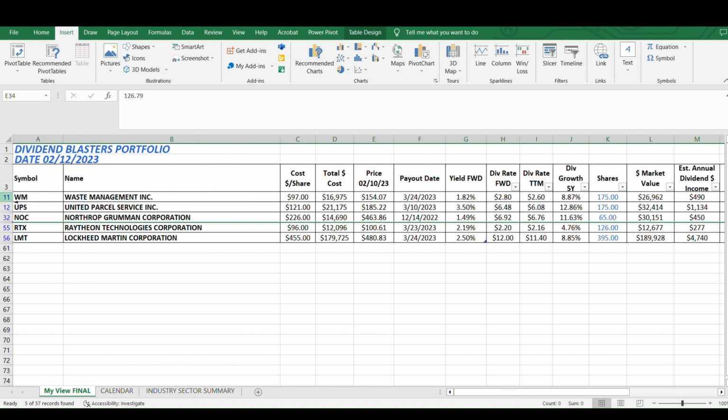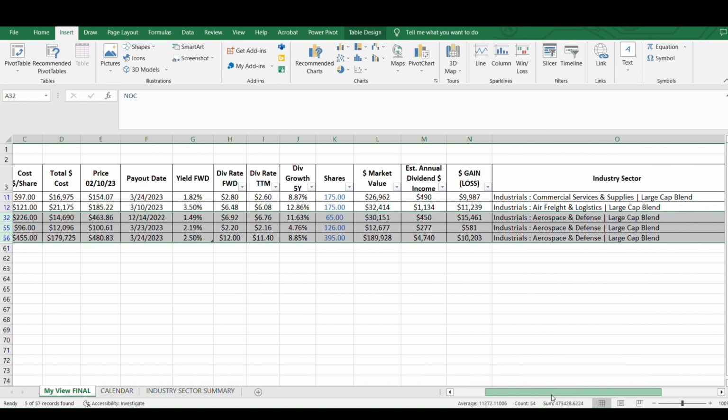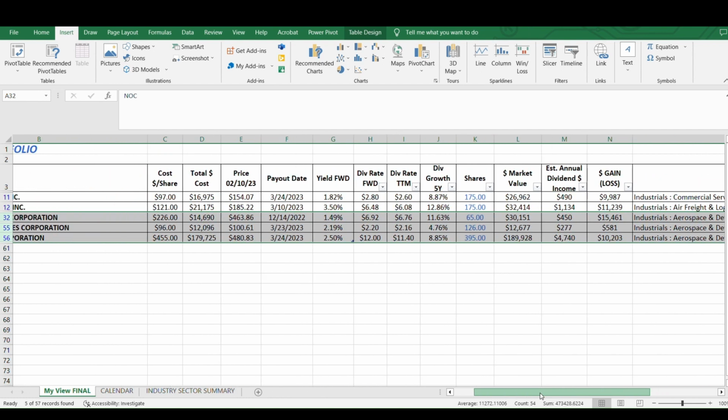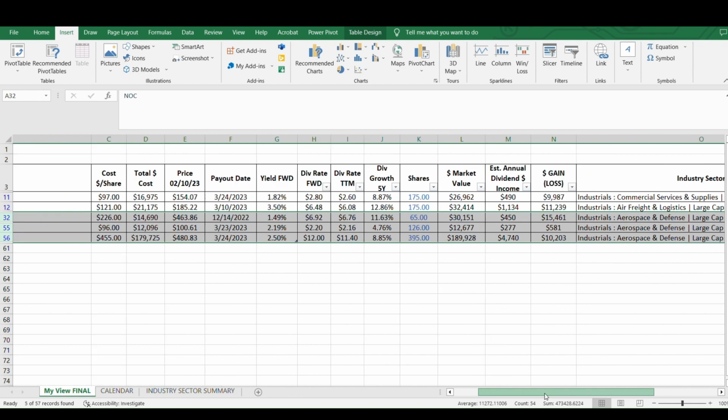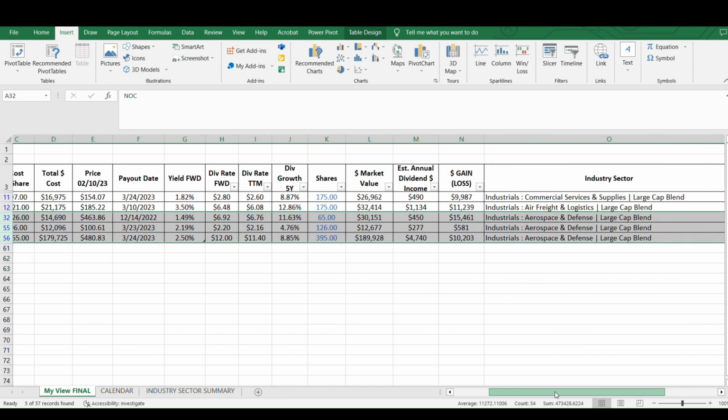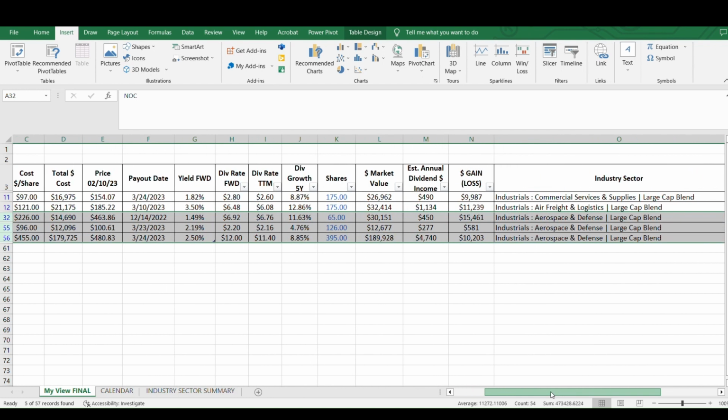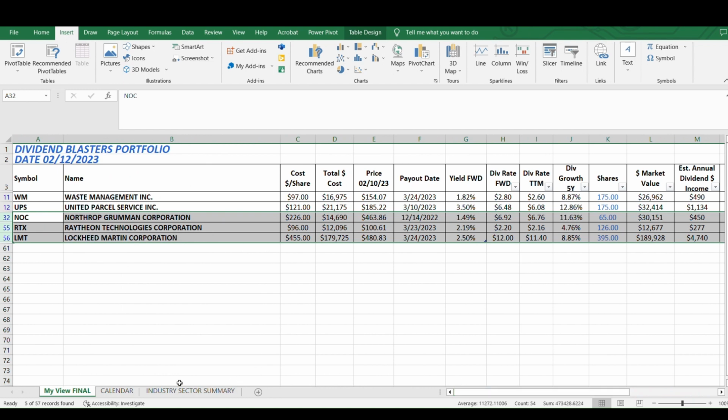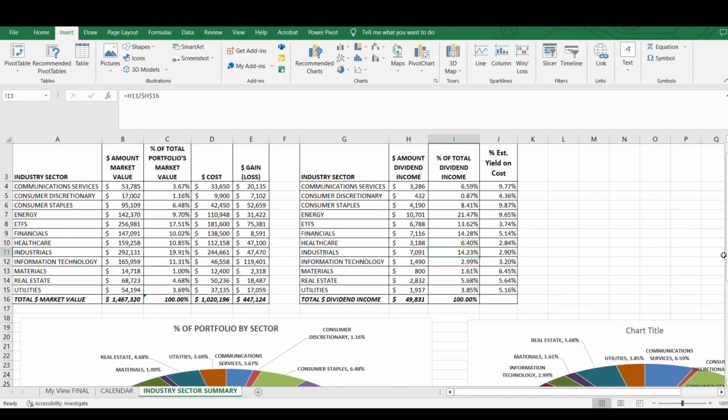Well, in industrial stocks, he's got Waste Management and UPS. But what I was thinking of was he's got Northrop Grumman, Raytheon, and Lockheed Martin. He's getting a nice dividend income from Lockheed Martin, about $4,700. So that's not bad. That's pretty doggone good.